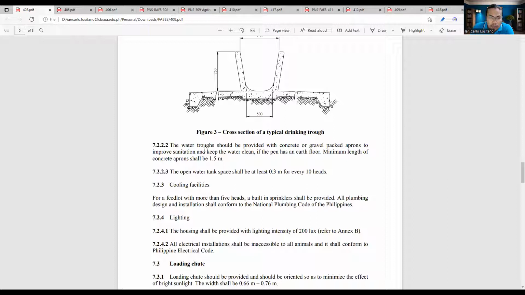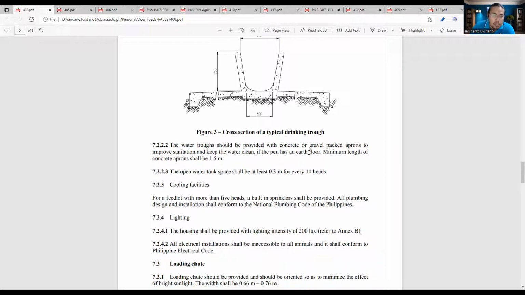The water troughs shall be provided with concrete or gravel-packed aprons to improve sanitation and keep the water clean, if the pen has an earthen floor, because the water could spill over and could cause puddling and make the floor messy or muddy.